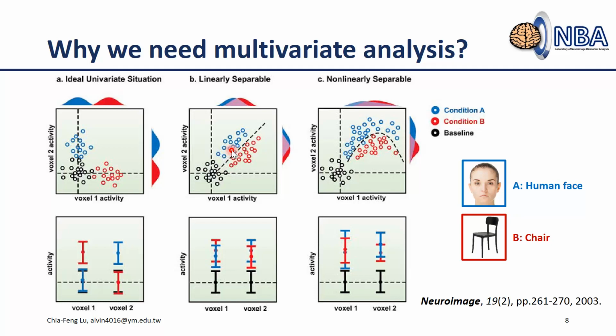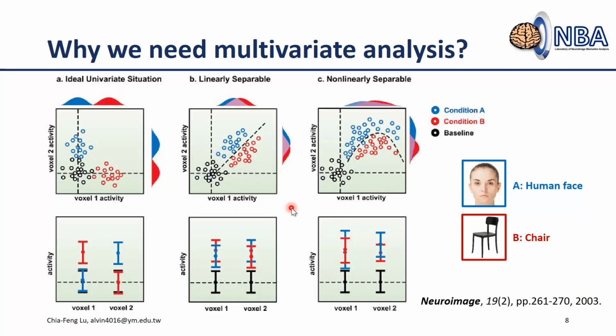But sometimes things can become much more complex. For example, the boundary becomes a nonlinear form. In this case you can still find an ideal border, but you cannot use a linear separation. You need a nonlinear separation to help you differentiate these two things. With a very similar idea, you can extend this bivariate analysis to multivariate.